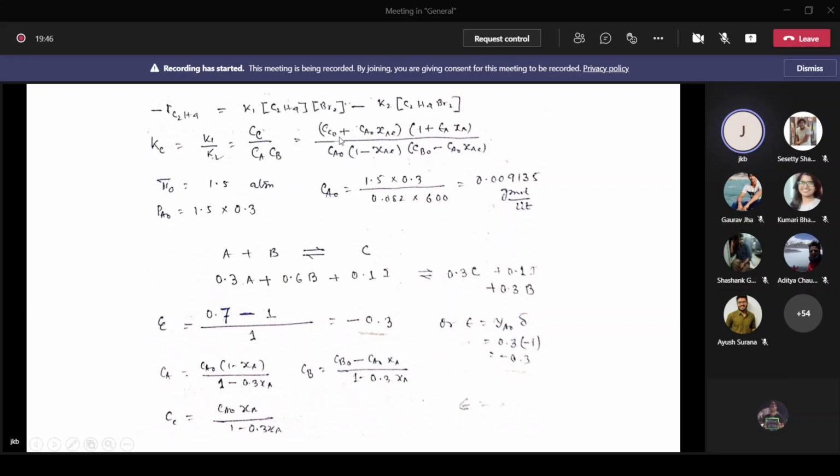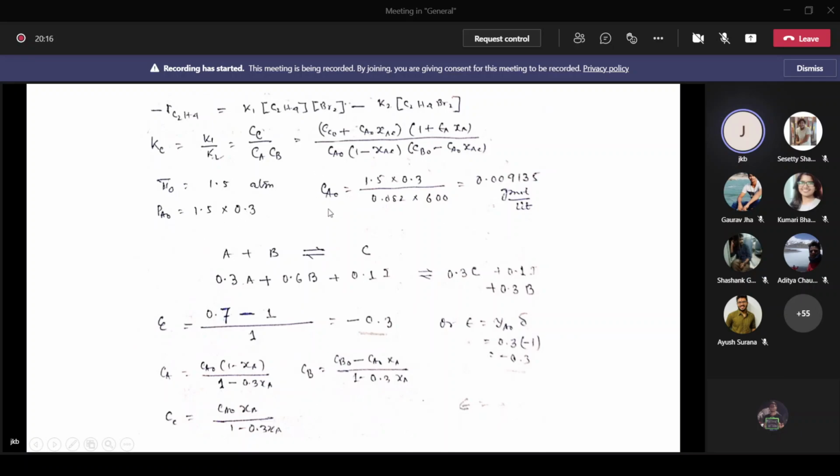Cc is Cc0 plus Ca0 Xa, at equilibrium, if we assume equilibrium. Then Ca is Ca0 into 1 minus Xa over 1 plus epsilon A Xa, and Cb is Cb0 minus Ca0 Xa over the same factor.